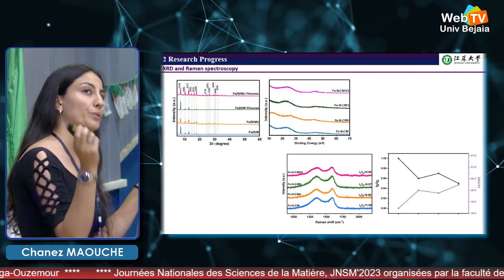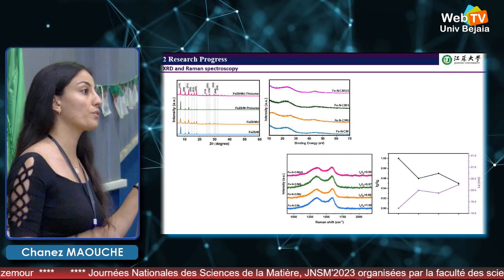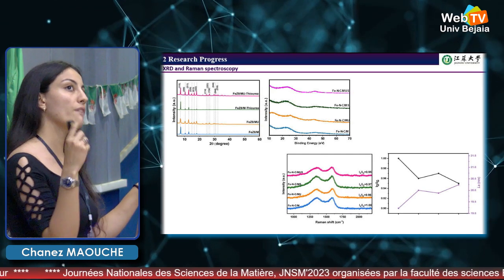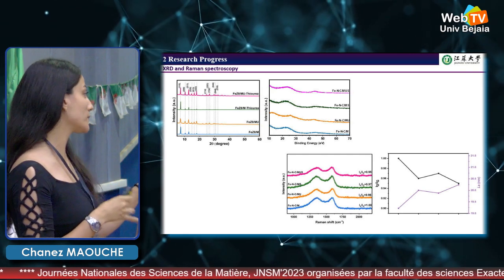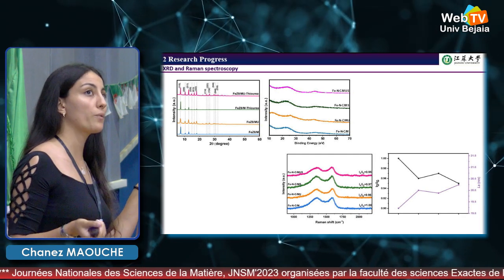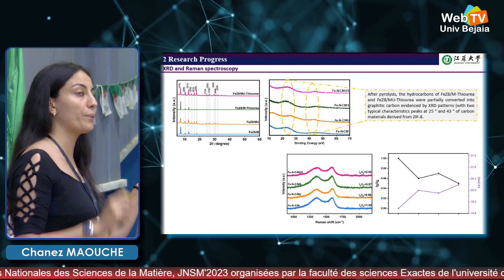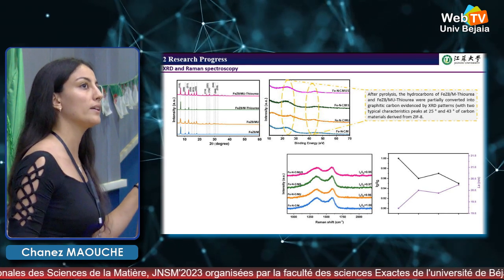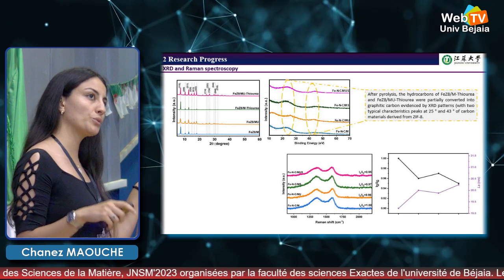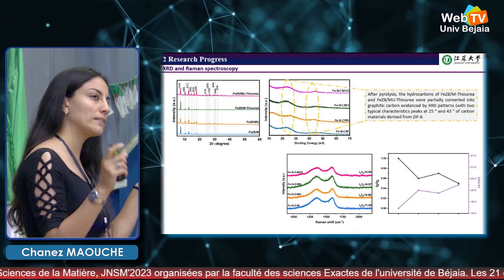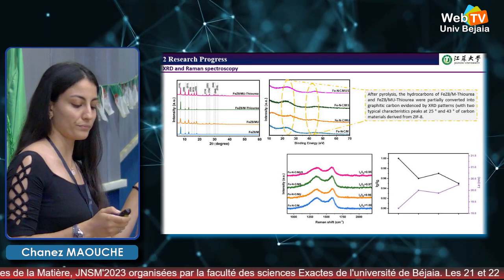We can see through the XRD on your left, before the pyrolysis, that the addition of sulfur and ligand did not influence the crystal structure of our compound. After pyrolysis, we can see that 2 peaks appeared at 25 and 43 degrees, which are due to the ZIF derivative being partially converted into graphitic carbon.